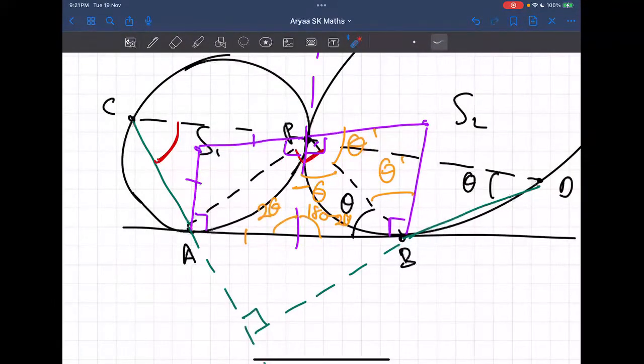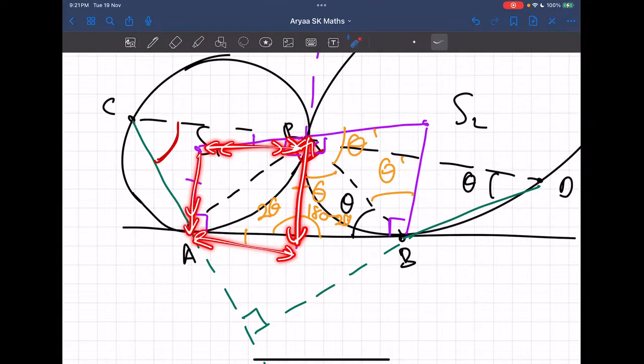Okay. So we have these two lengths are the same, and we have these two lengths are also the same. But what we don't have is a way to show that they're all the same.